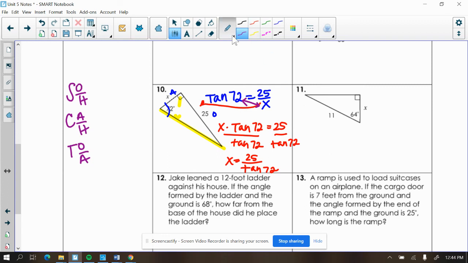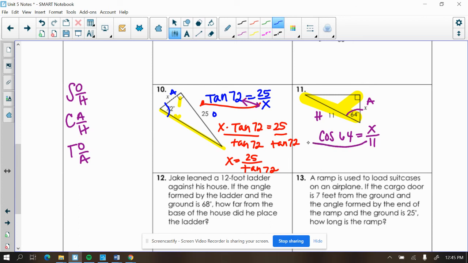So that works. So let's look at number 11, my hypotenuse. We do have a hypotenuse, which is 11. So we're looking at 64. We don't have an opposite side. We have an adjacent side. So adjacent over hypotenuse is cosine. So cosine 64 equals x over 11.